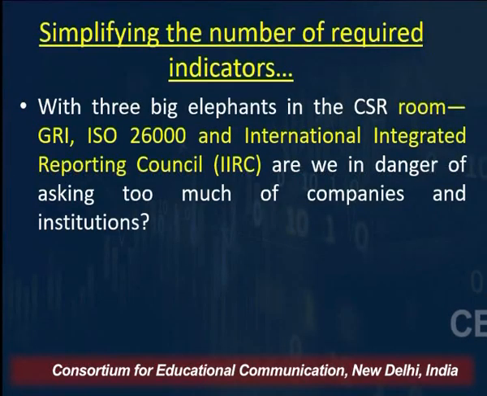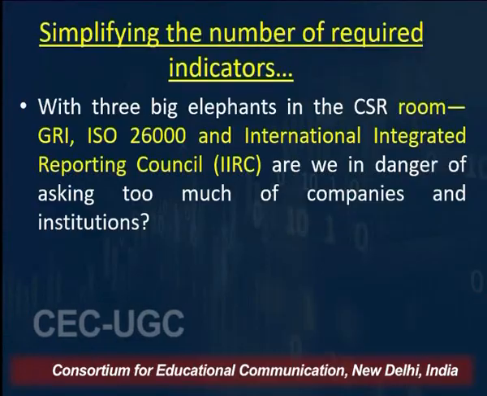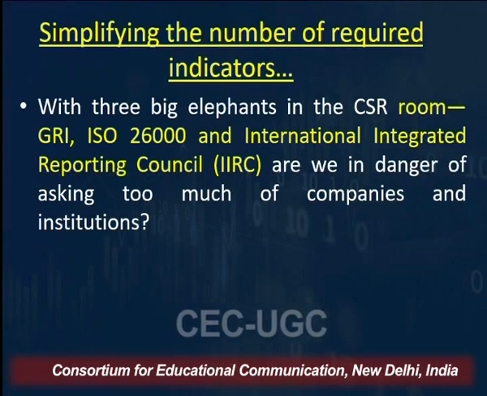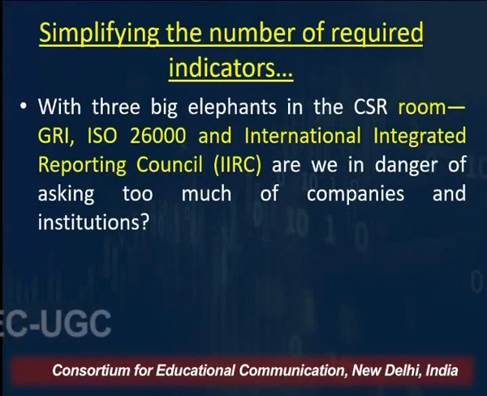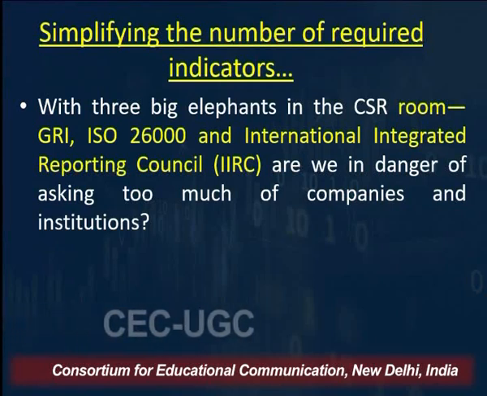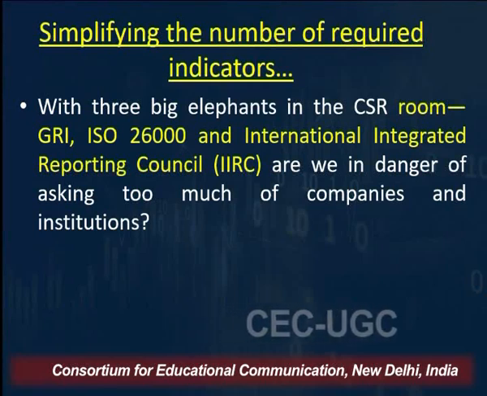He was talking about the 3 big elephants in the CSR room, which he has reported in his popular book on CSR, From Margins to the Mainstream. In that book he discusses GRI, ISO 26000 and the International Integrated Reporting Council, IIRC. These 3 are the big, or you can say popular, names.